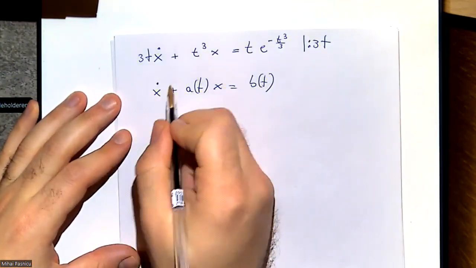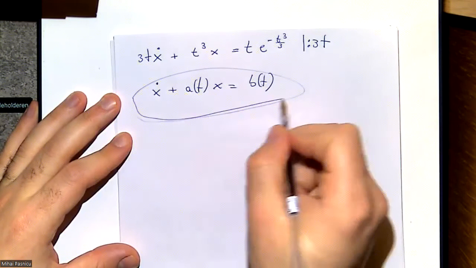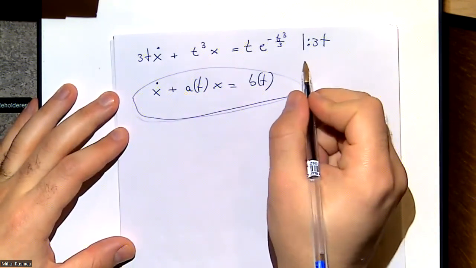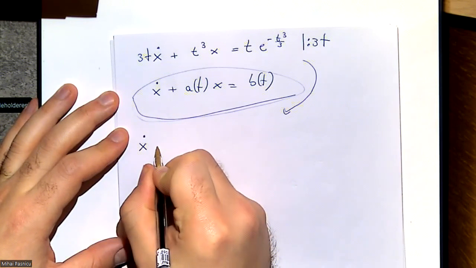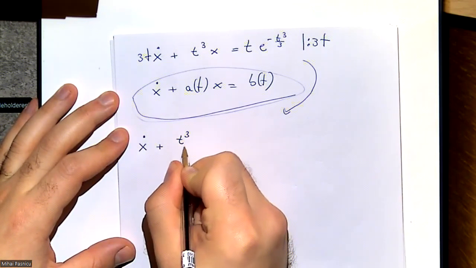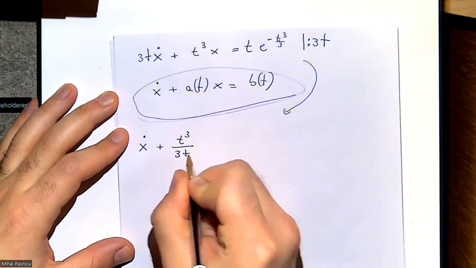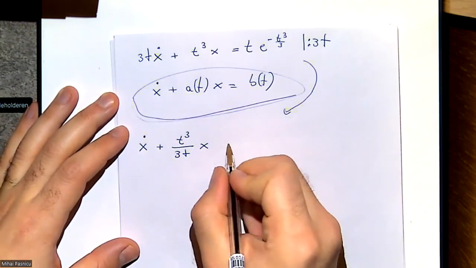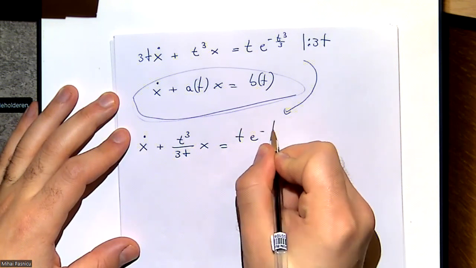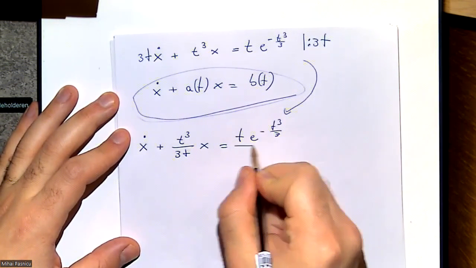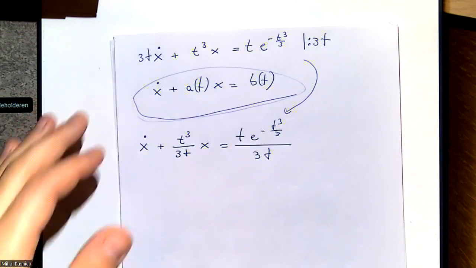Why? So I get to something that looks like this. If I divide by 3t, I get x dot plus t to the third over 3t times x is equal to t e to the minus t cubed over 3, over 3t.